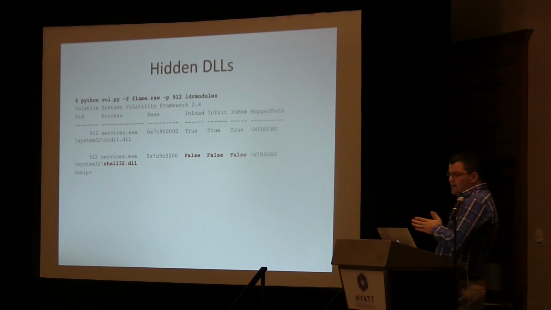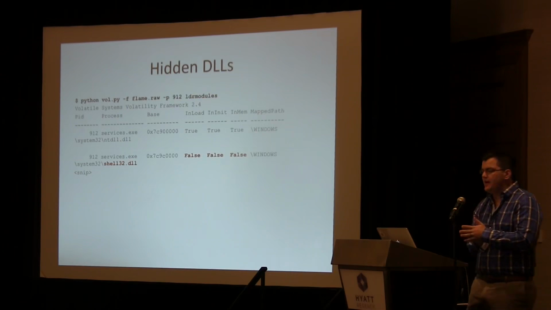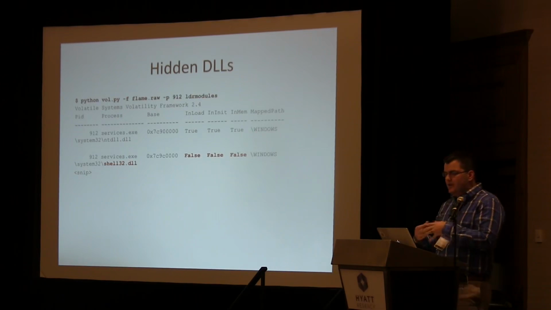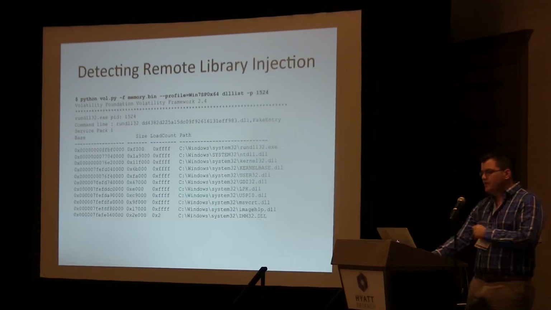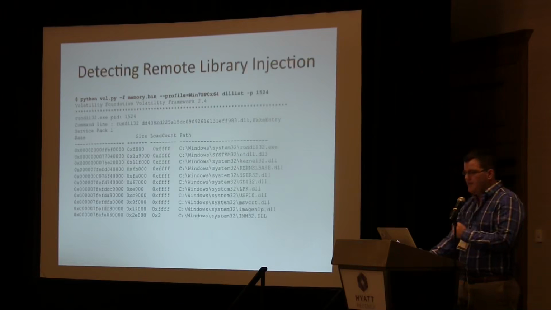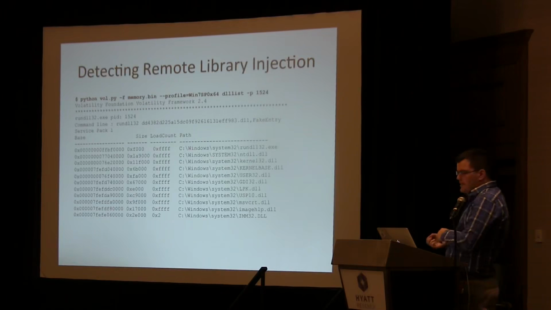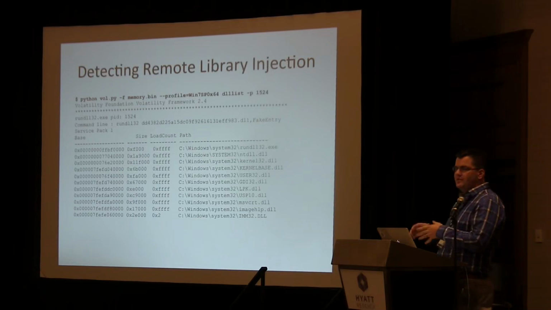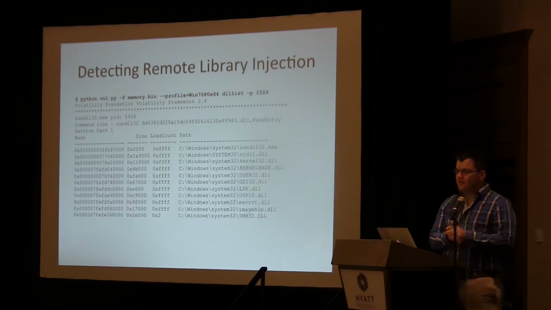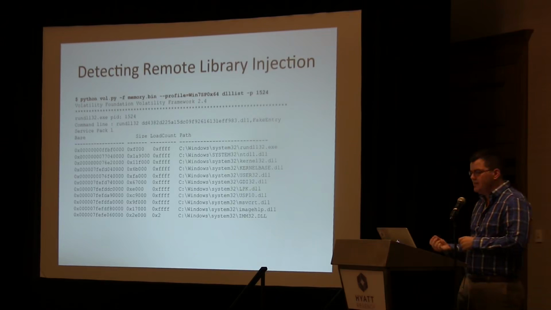Because malware wants to hide, it's going to manipulate the data structures that DLLs can be found by. If we go back to DLL list for a second, inside the address space of every process, there's a list of DLLs that are kept by the loader.